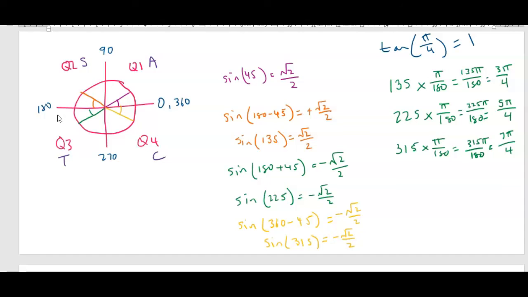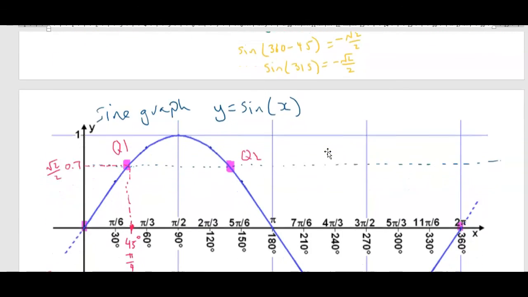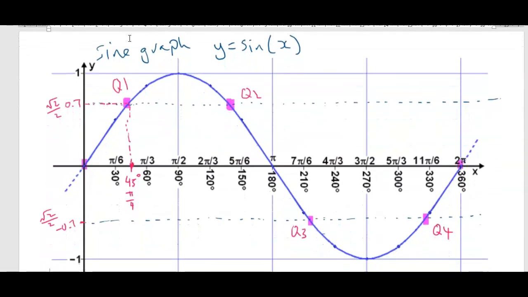Now, for cos and tan, you can do the same thing. Actually, before I talk about that, let's just scroll down here. So what I highlighted in purple are these values. In quadrant 1, we had root 2 on 2. Here's root 2 on 2 for quadrant 2. So see how they're both positive? They're both above the x-axis.